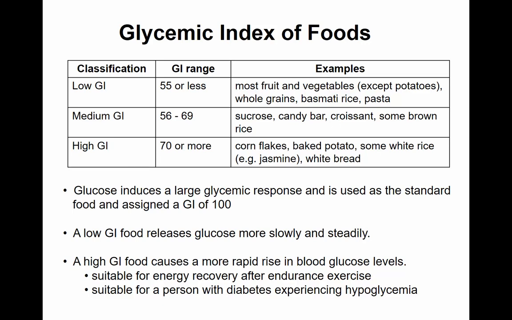If food contains complex carbohydrate, it takes longer to digest and absorb, so it is normally a low GI food. Does that make sense? Again, GI is related to the complexity of the carbohydrate molecules in the food.